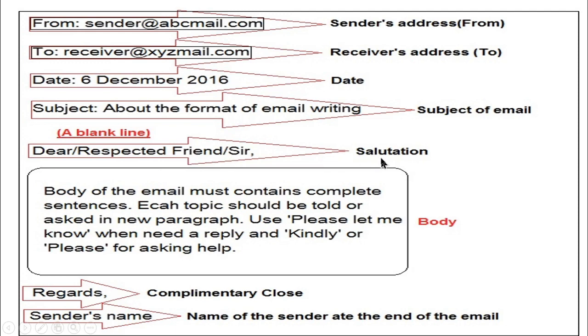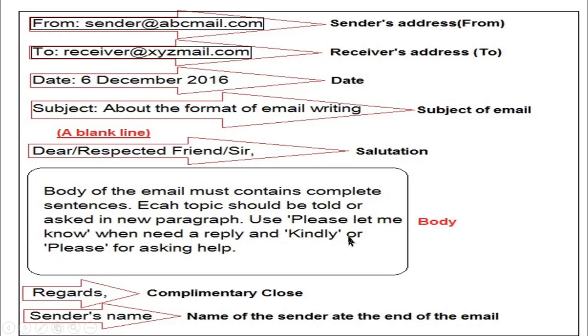This is called salutation. Don't use any comma after salutation. Why? I'm making it clear. In modern English, we don't use a comma. Whether you're writing an application, you don't need to put any comma.